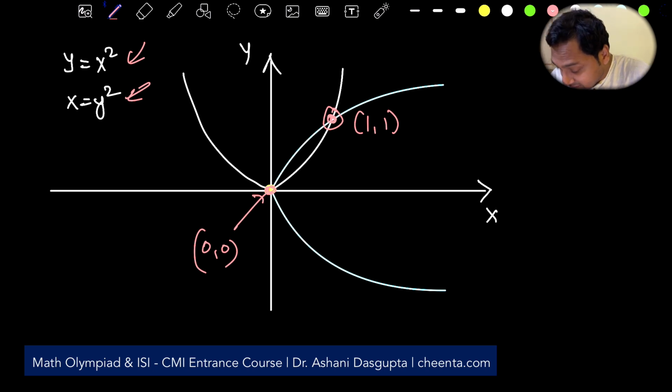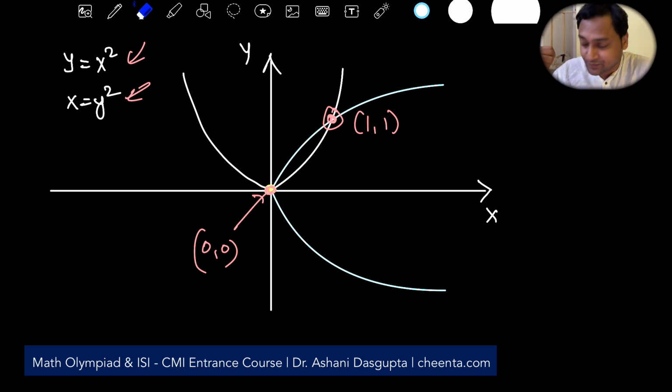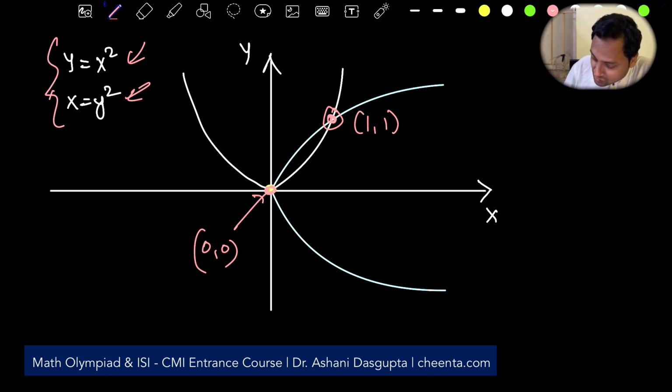If you plug in x equal to 1, y equal to 1, that will also satisfy. Of course, you could make an algebraic attempt to solve these two equations to find the points of intersection.